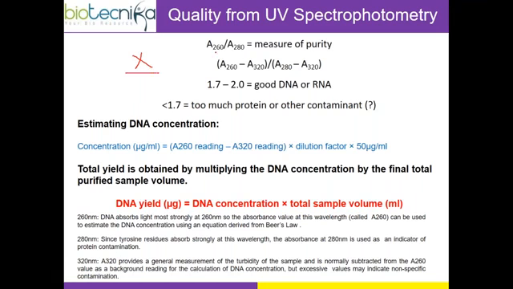If you take absorption at 280, you will get some value, right? When I divide, if the answer is between 1.7 to 2, then the concentration of the DNA or RNA in the sample is good.